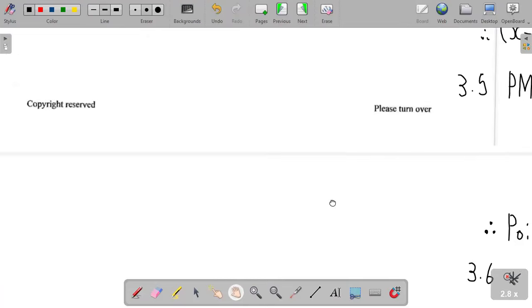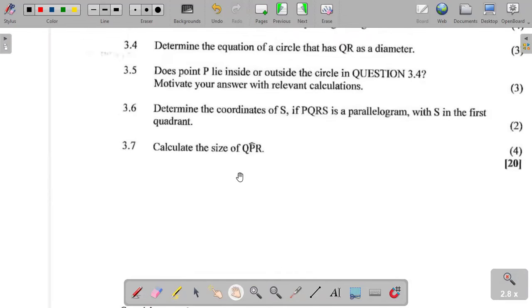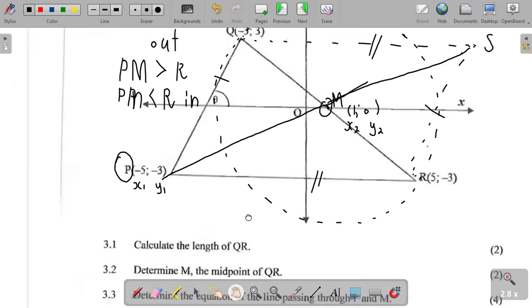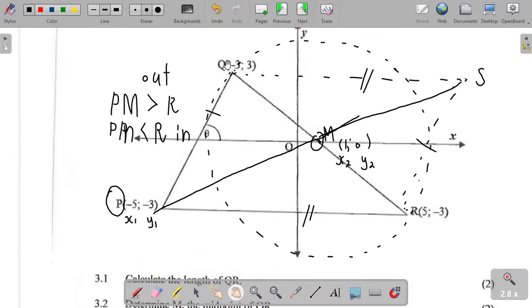Okay, let's move on to 3.7. Calculate the size of angle QPR. So it's this angle here.